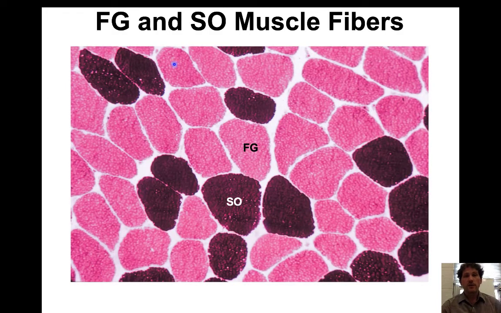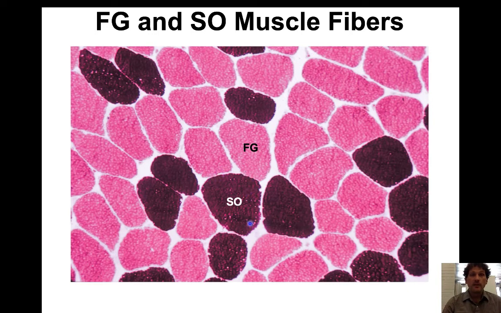Now here's a cross-section showing you these fast glycolytic fibers and the slow oxidative fibers. You'll notice these slow oxidative fibers are much more red in color, and so these tend to have an abundant amount of mitochondria, myoglobin, and capillaries, right? So they get this deeper red in color.